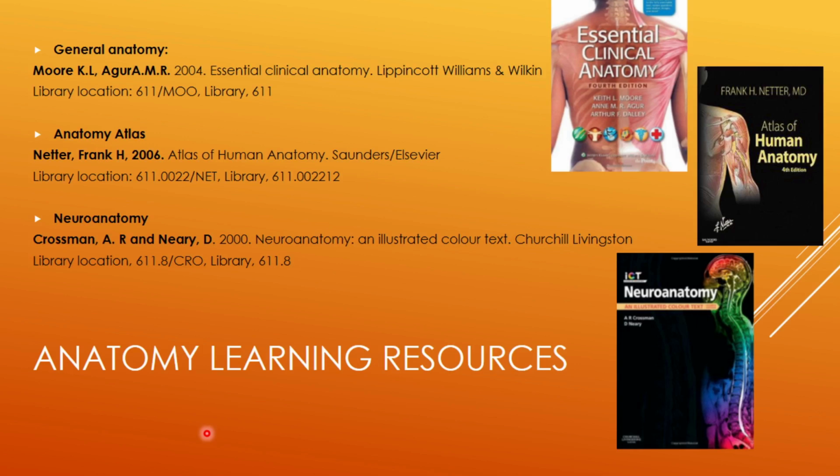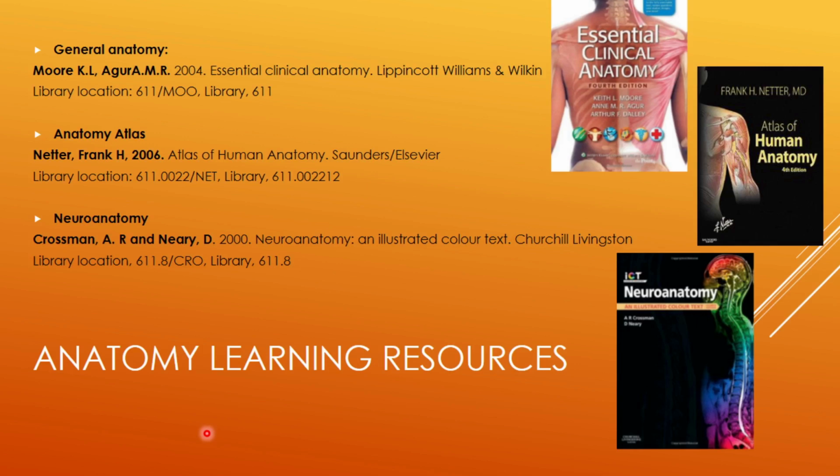Now, I've requested that the library acquire the ebook versions of these. However, if you already have an anatomy text, an atlas or a neuroanatomy text that you're happy with, that's fine. You don't have to have these particular texts.